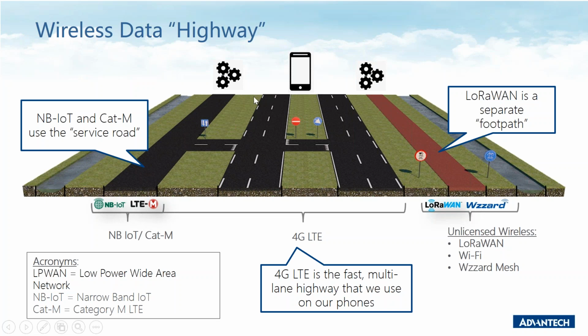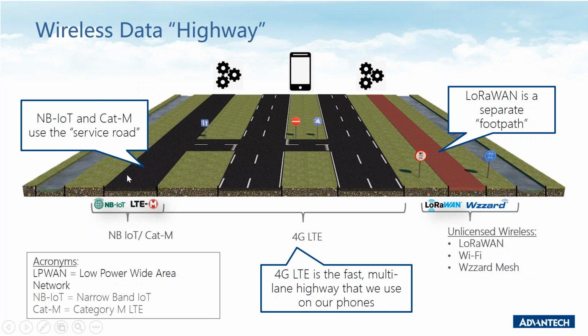But also, adjacent to this highway, and part of the network operator's network, is this service road, I call it, that narrowband IoT and LTE category M operate on. There's different categories of LTE. We won't get into that too much, but just know that M, think of it like a category machine, for lack of a better way to put it. It's for machine type communication.